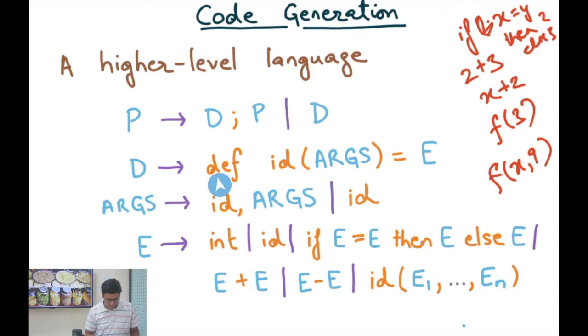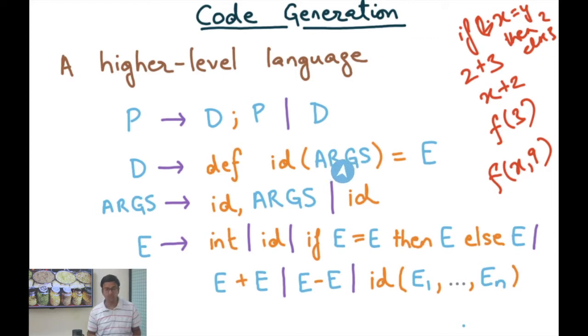And it requires a def keyword followed by an ID, which represents a variable identifier. In this case, it's a function identifier. And open parentheses, close parentheses, and args.